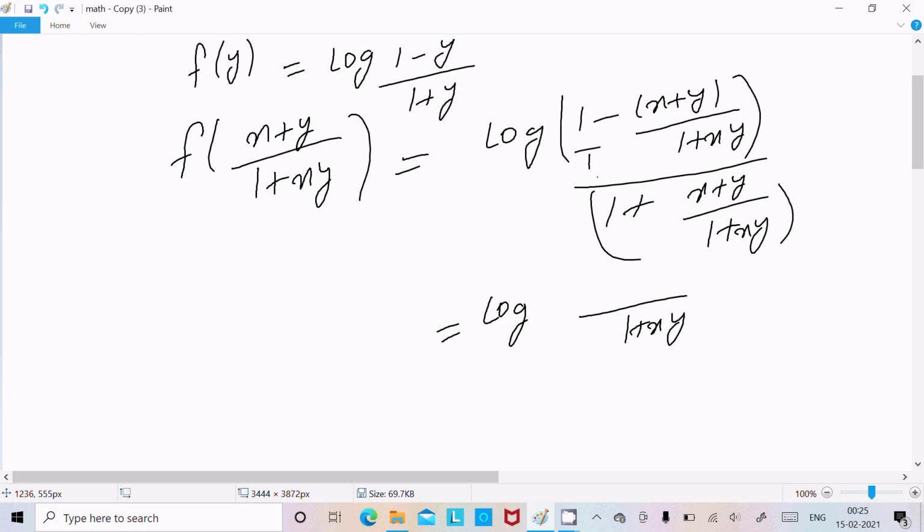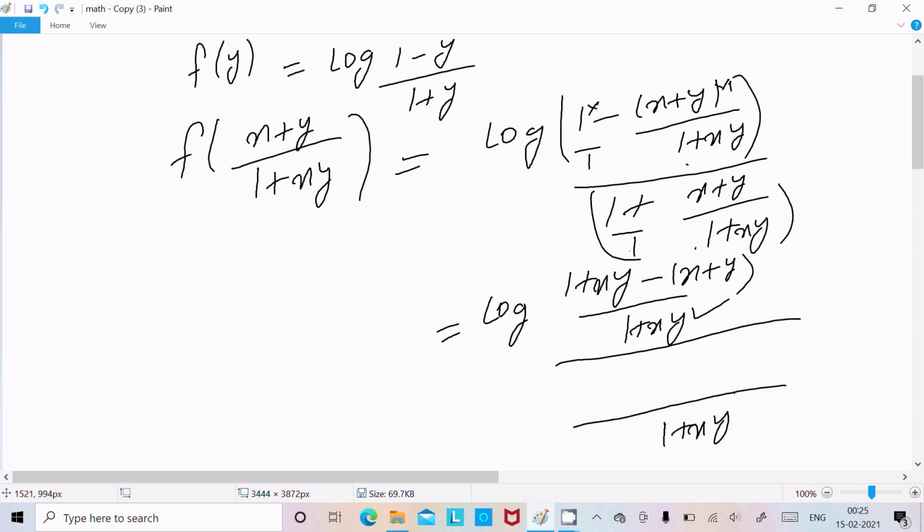Now in the numerator, 1 + xy is the LCM, 1 + xy divided by 1 + xy comes 1, multiplied with this, so it comes 1 + xy, minus (x + y). In the denominator, the same thing: 1 + xy is the LCM, divided by 1 + xy comes 1, multiplied with this, so it comes 1 + xy, plus (x + y).